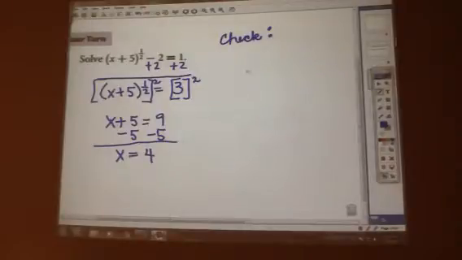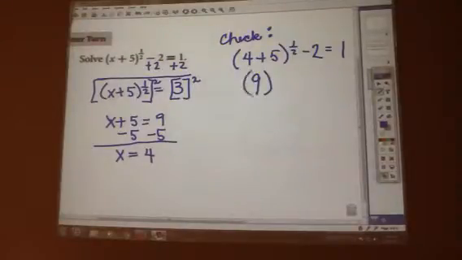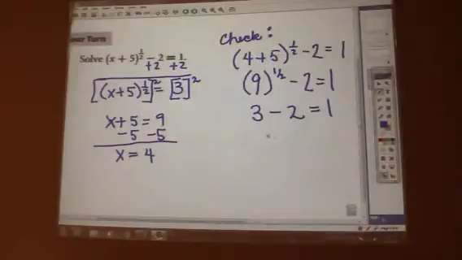So to substitute that back into x, I would have 4 plus 5 to the 1/2 minus 2 equals 1. 4 plus 5 is 9 to the 1/2 minus 2 equals 1. 9 to the 1/2 really means the square root of 9. 3 minus 2 equals 1. 1 equals 1.